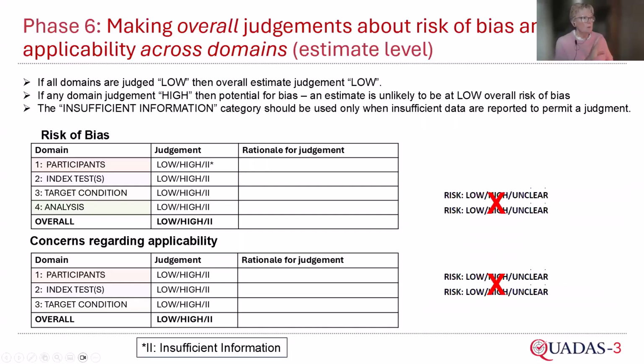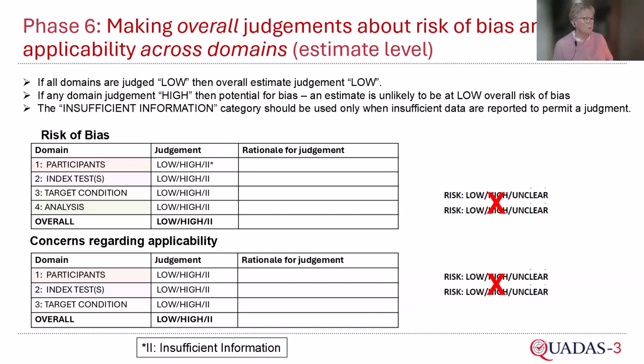And then once all of the domains have a risk of bias judgment, we then need to make an overall risk of bias and concerns regarding applicability judgment for each estimate in each study. And similar rules apply in terms of combining our domain level judgments to come to an overall judgment, in that if all domains are judged low, then the overall risk of bias for an estimate can be judged as low.